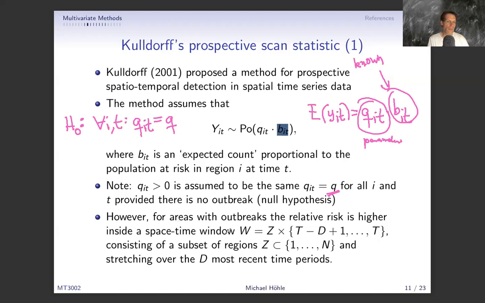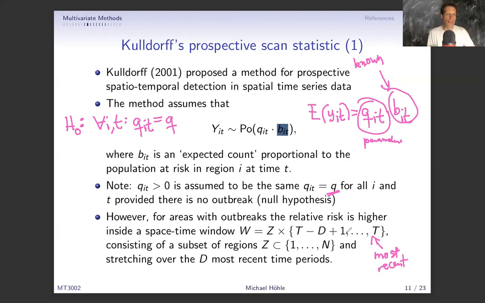So we will talk about a space-time window W, which consists of some regions, which will be Z, and a time window. t is the most recent time point, and going back in time. I think in previous notation I could also call that small t naught. But what we really mean is that this will be a window of D, capital D, time points, which are the most recent. So this is the most recent, and then going back D minus 1 additional time points in order to have a total of D time points altogether.